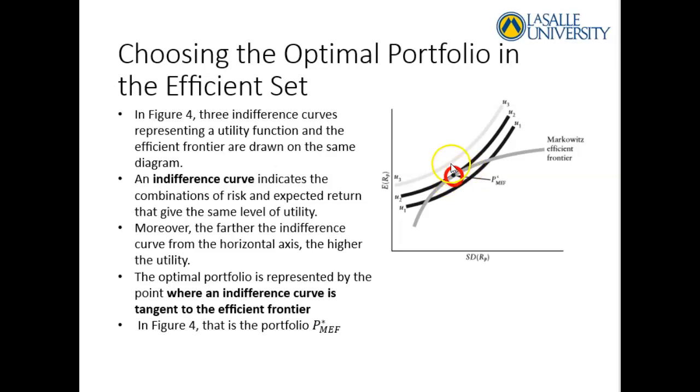In figure 4, this is the point labeled as P star MEF, where MEF corresponds to the Markowitz efficient frontier. So this is a portfolio selected from the Markowitz efficient frontier, but because this intersects with the indifference curve U2, this is now our optimal portfolio for this particular investor.